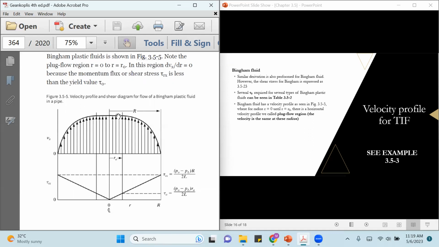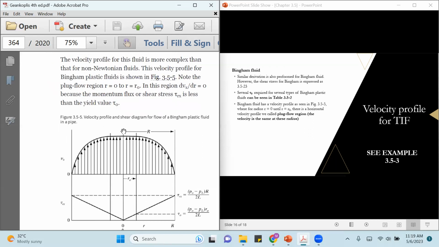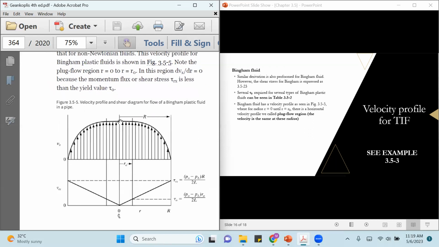For common Newtonian fluid, usually it will be like this, with the maximum being in the center. However, the center is the highest among here and here, but it's actually the same to this small area.